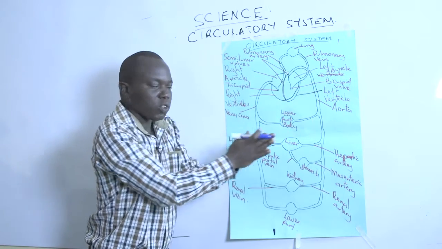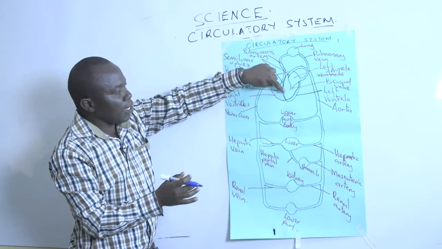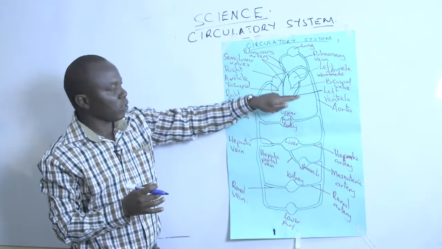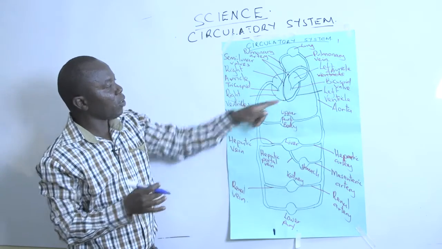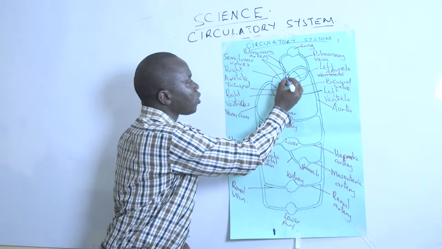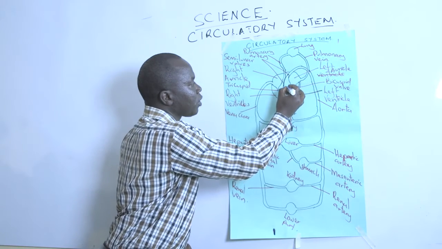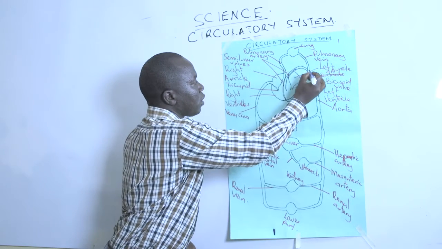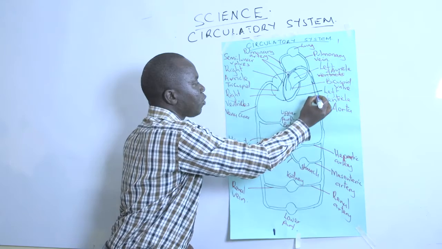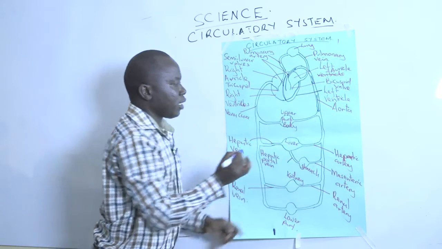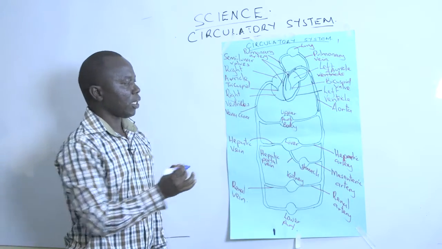When the left ventricle contracts, blood will get out of this chamber, the left ventricle, and it flows through this vessel. You can remember the name of this vessel. That vessel is called aorta.